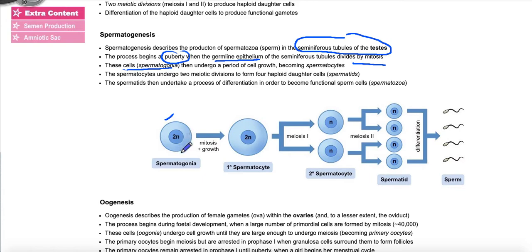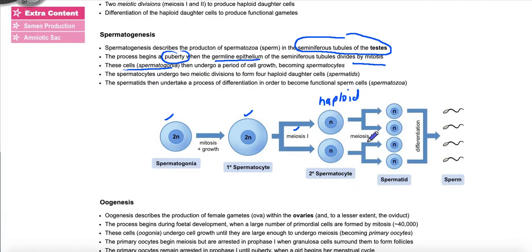And notice that these cells are diploid. So these cells undergo a period of mitosis and growth, and they turn into primary spermatocytes. Then the primary spermatocyte undergoes meiosis 1, and it turns into secondary spermatocytes. So here we have two haploid cells now, because the first meiotic division has happened.